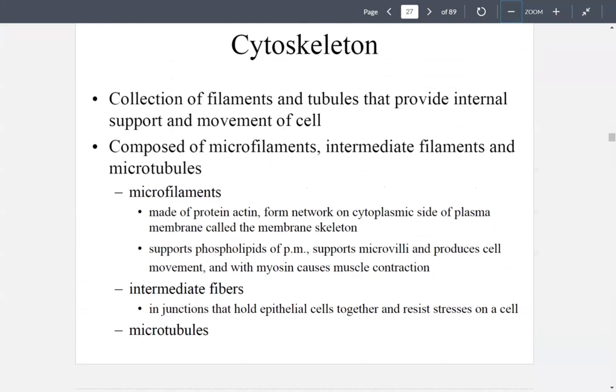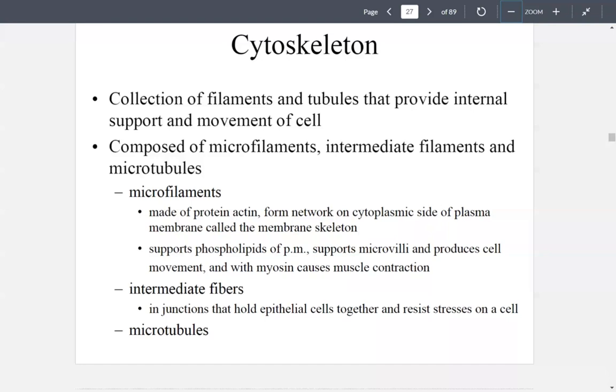These are going to support phospholipids, support microvilli, which are finger-like projections of the cytoplasm. They're going to, if the cell moves, produce that movement, and when combined with myosin, which is another protein chain, they're going to be what causes your muscles to contract. We'll talk about that more later in the muscles, as well as in physiology.